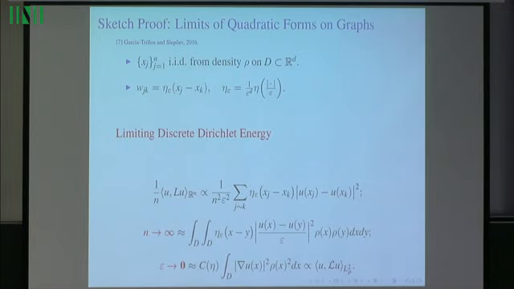So, hand waving, let n go to infinity first and use the law of large numbers. This sum becomes a double integral where the xj's are distributed according to density rho of x, rho of y, and eta epsilon is evaluated at x minus y.